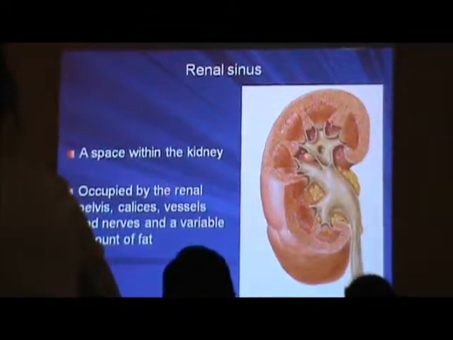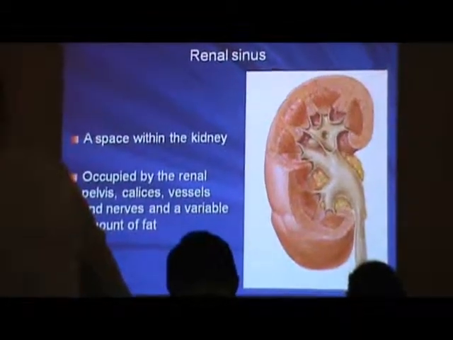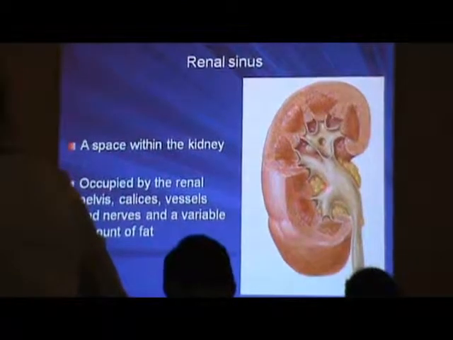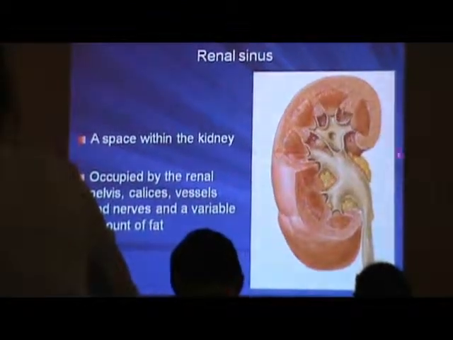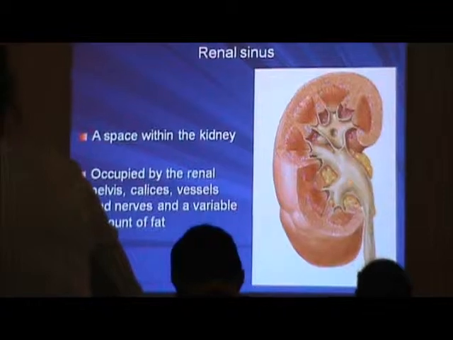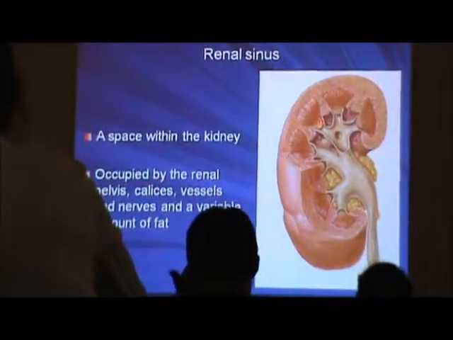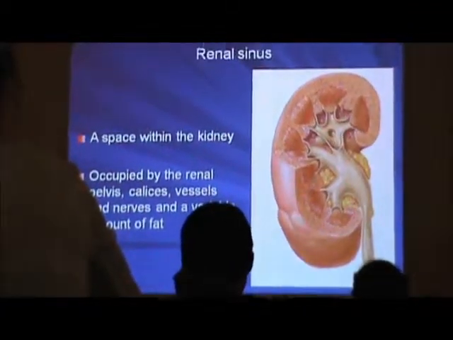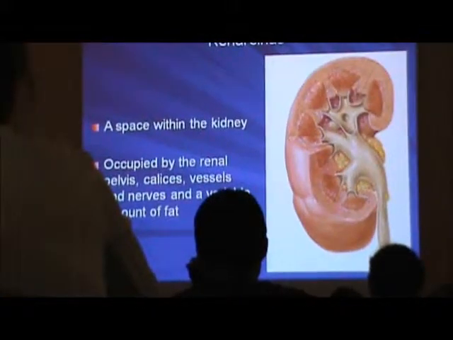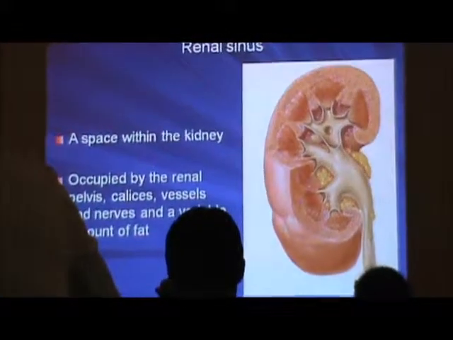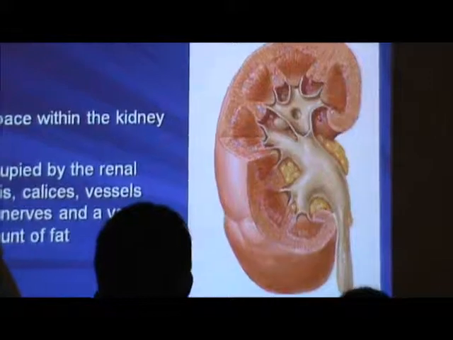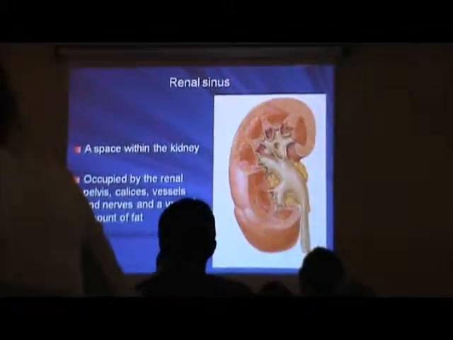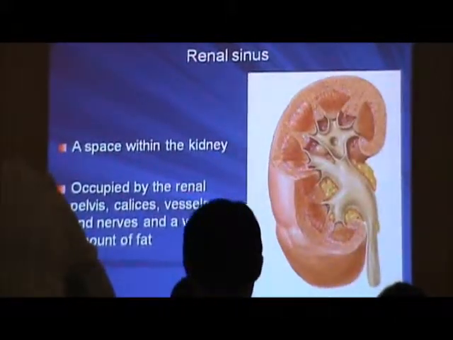So now we can see the renal sinus is a space within the kidney. It is occupied by the renal pelvis, calyces, minor and major, vessels and nerves, and a variable amount of fat. This fat is called the perirenal fat.